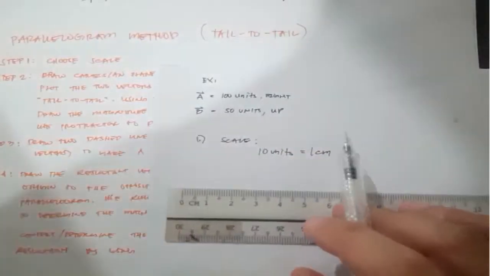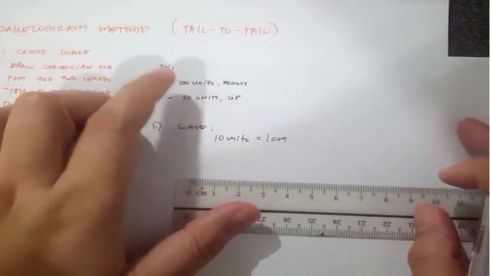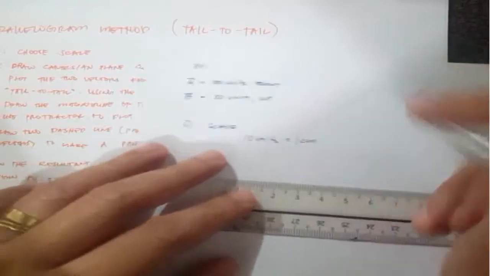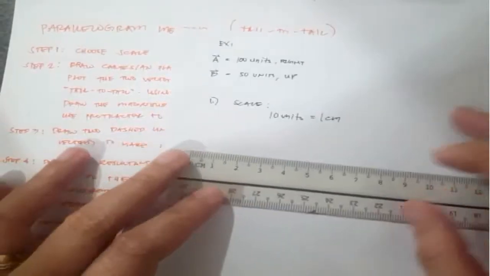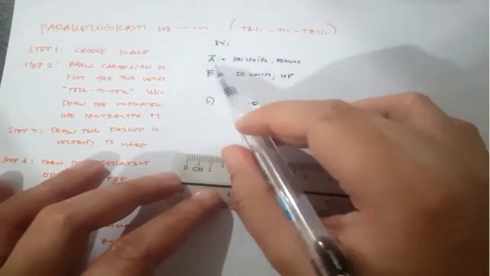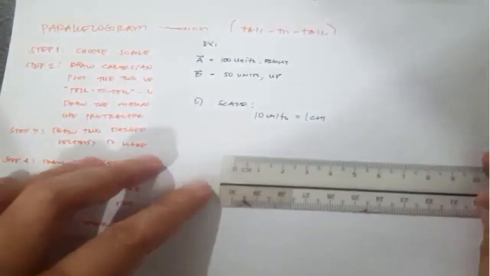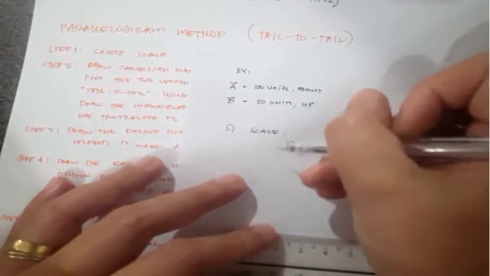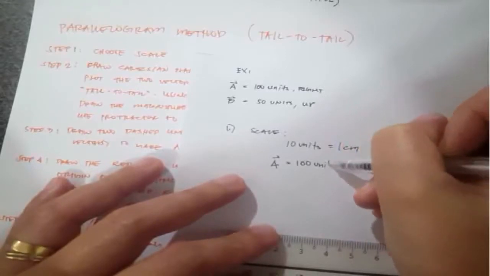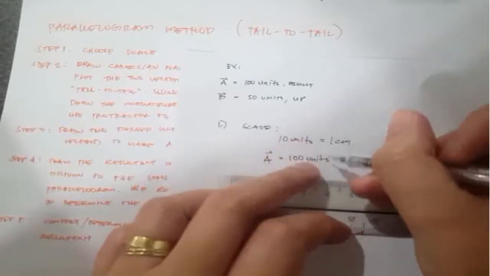So if we need 100 units, how many centimeters do we need? Let's convert the values of vector A and vector B so that we can determine how many centimeters we need to draw in our plane. For vector A, it has 100 units.